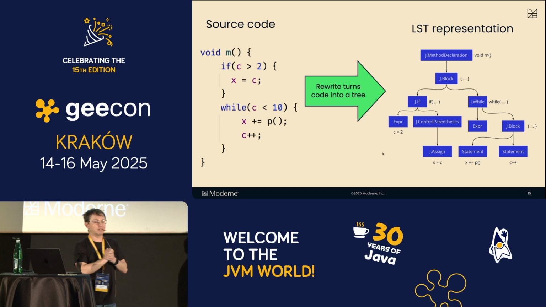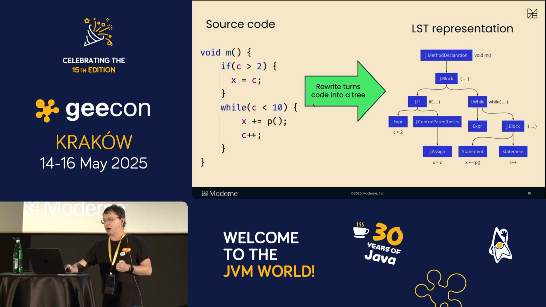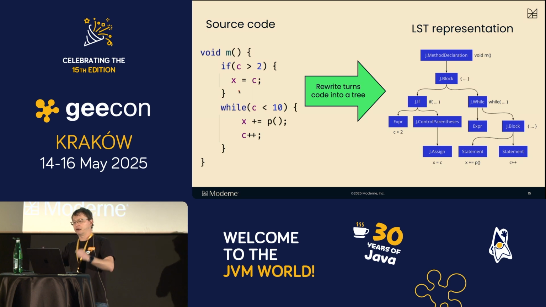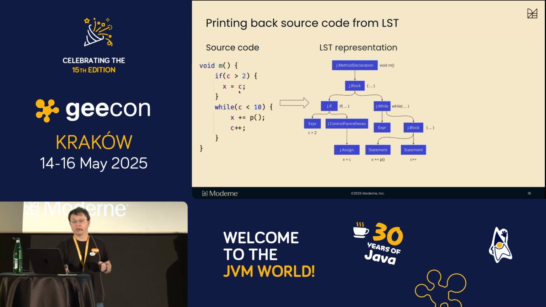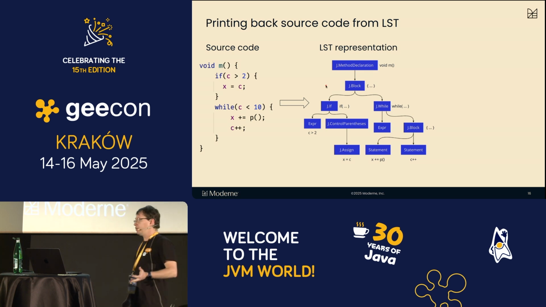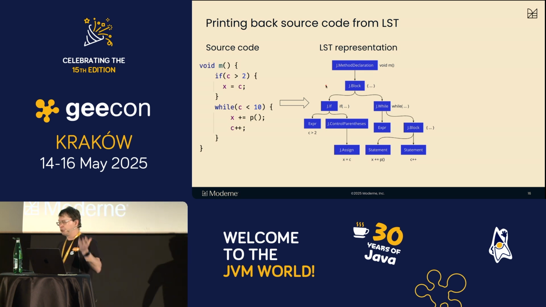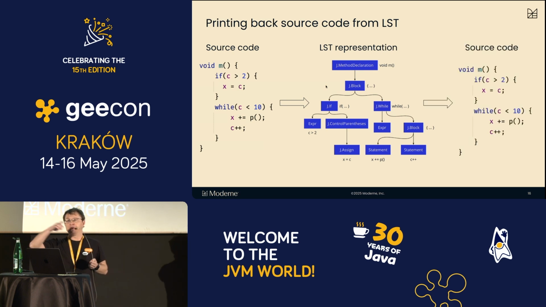So by running the LST transformation, we transform our source code to our internal representation. What can we do with this internal representation? We could analyze it, but we could also do other interesting things. For example, we can print it back to the source code.